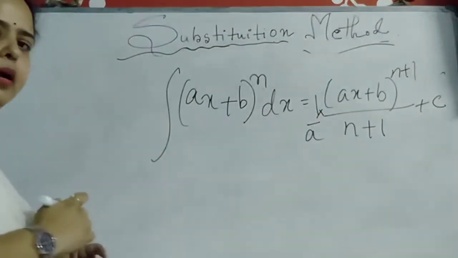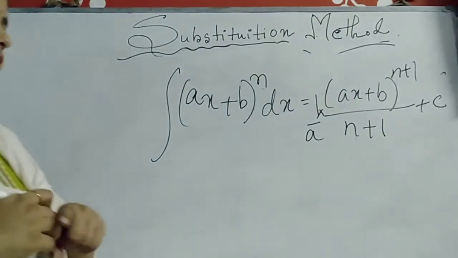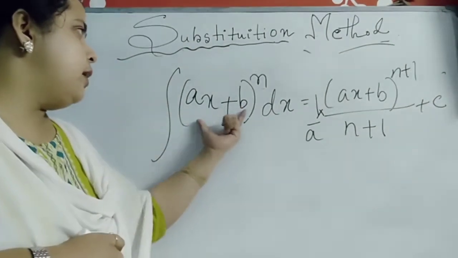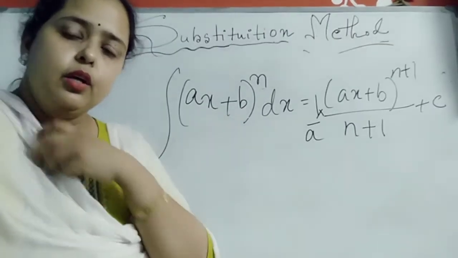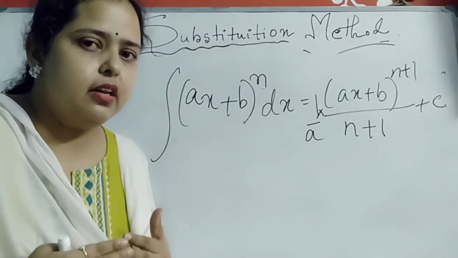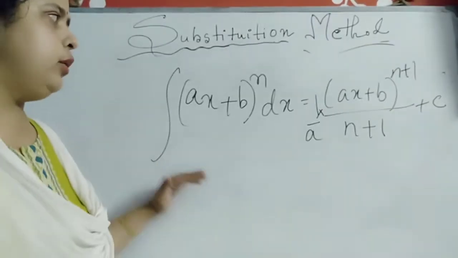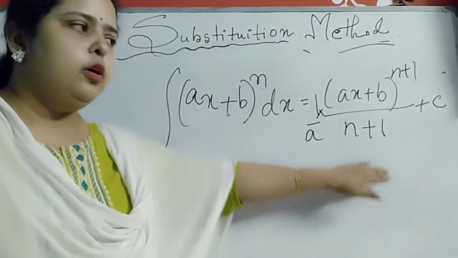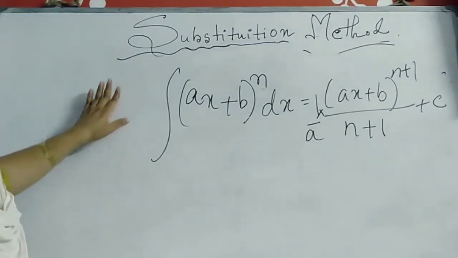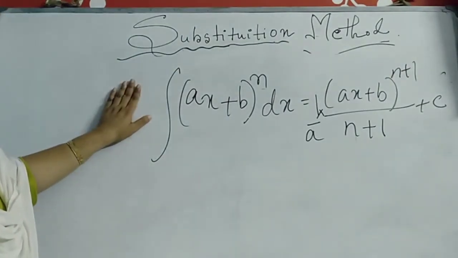What does this 1 by a come from? It comes from the derivative of the part ax plus b. So can we remember it, can we learn it as a formula? We will be able to do it. It is going to make our job easier. You will find a list of formulas of substitution integrals also.